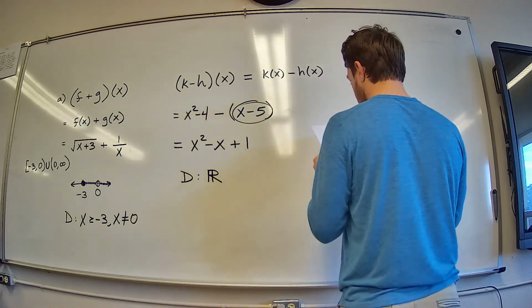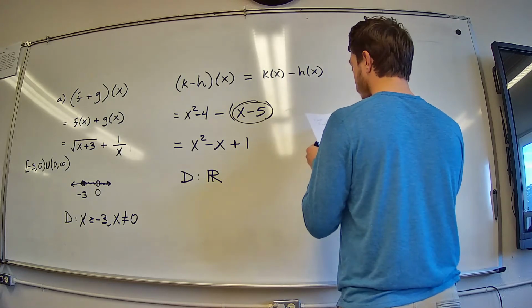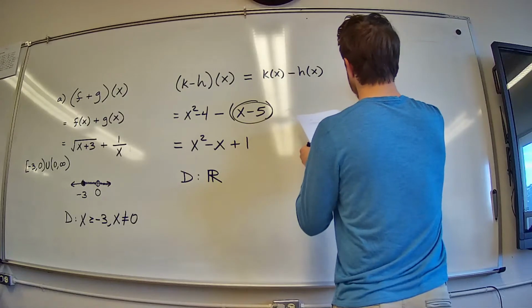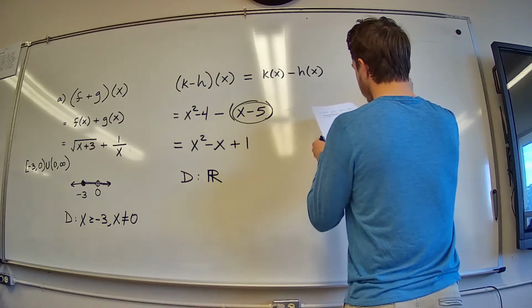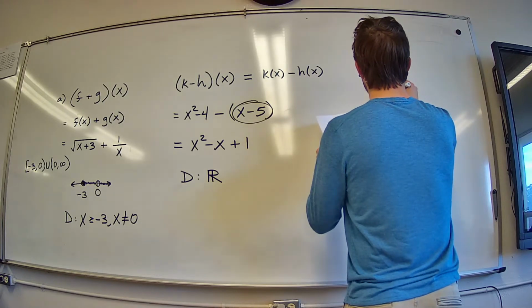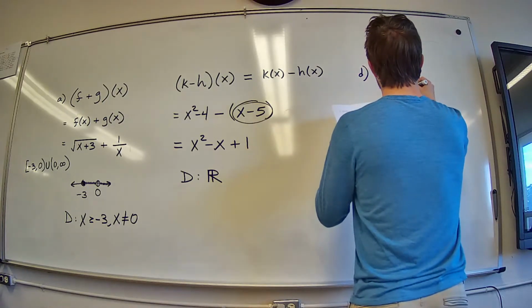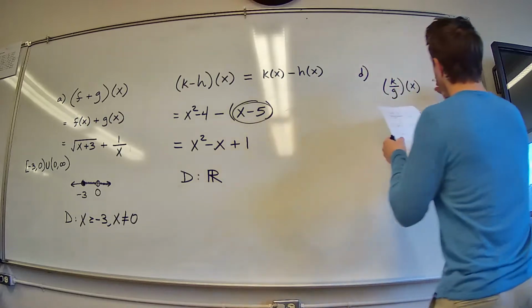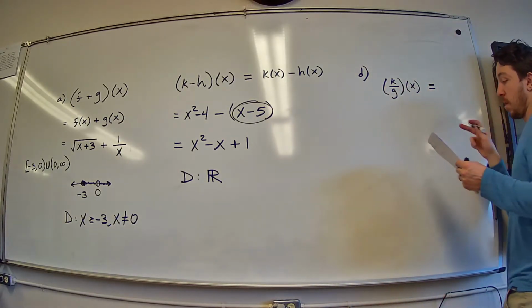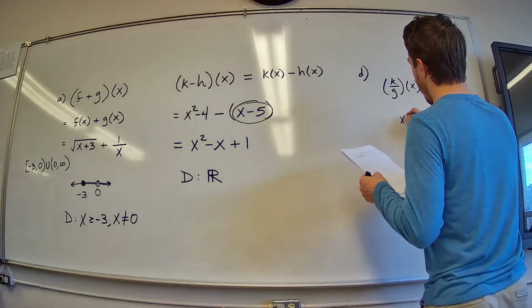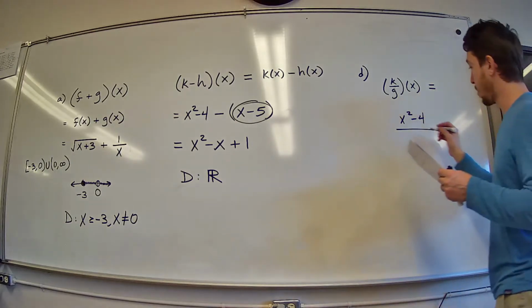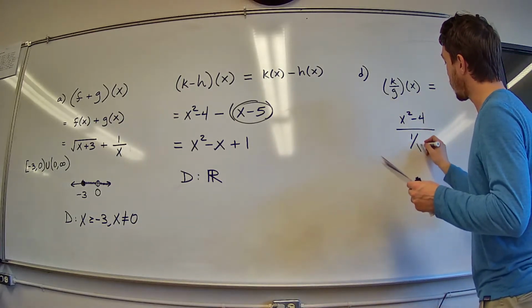Well, C, I think, is pretty straightforward. Let's go to D. k over g of x. Well, k is x squared minus 4, and g is 1 over x.